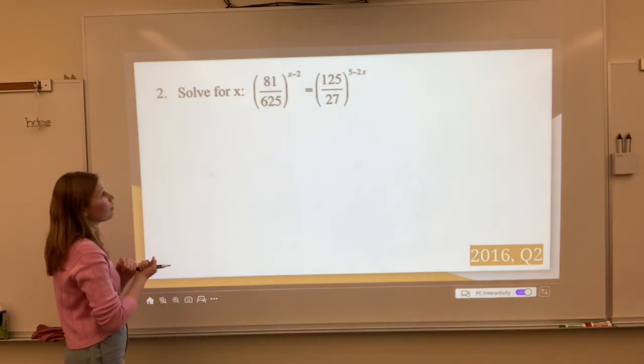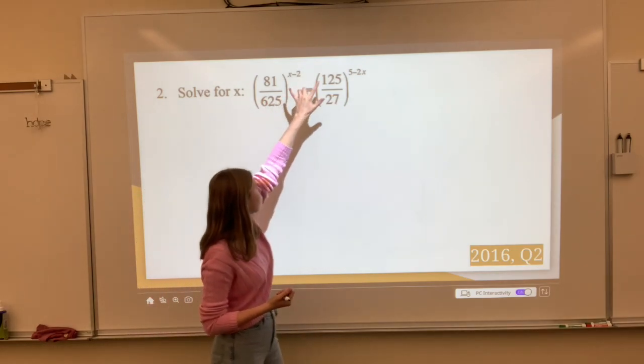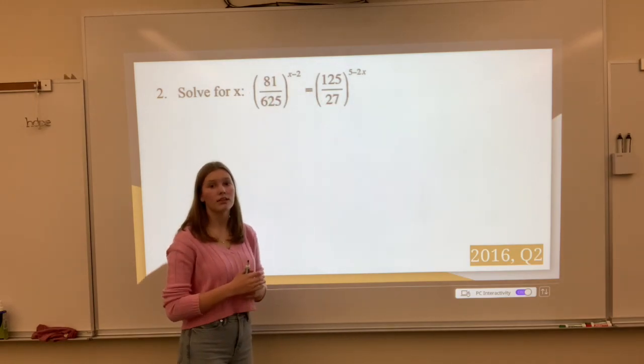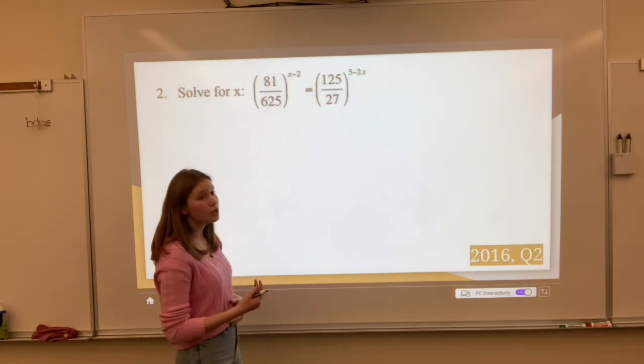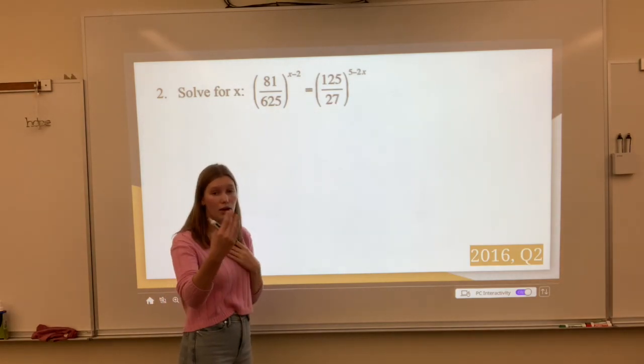First thing that I notice: 625, 125, powers of 5; 81, 27, powers of 3. So I'm going to rewrite both of these in terms of powers of 5 and powers of 3.